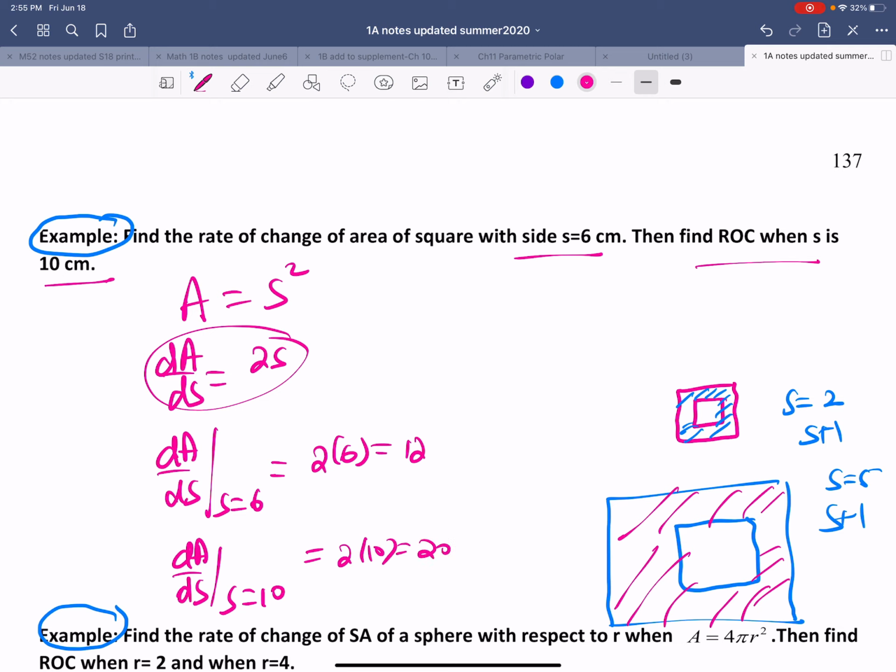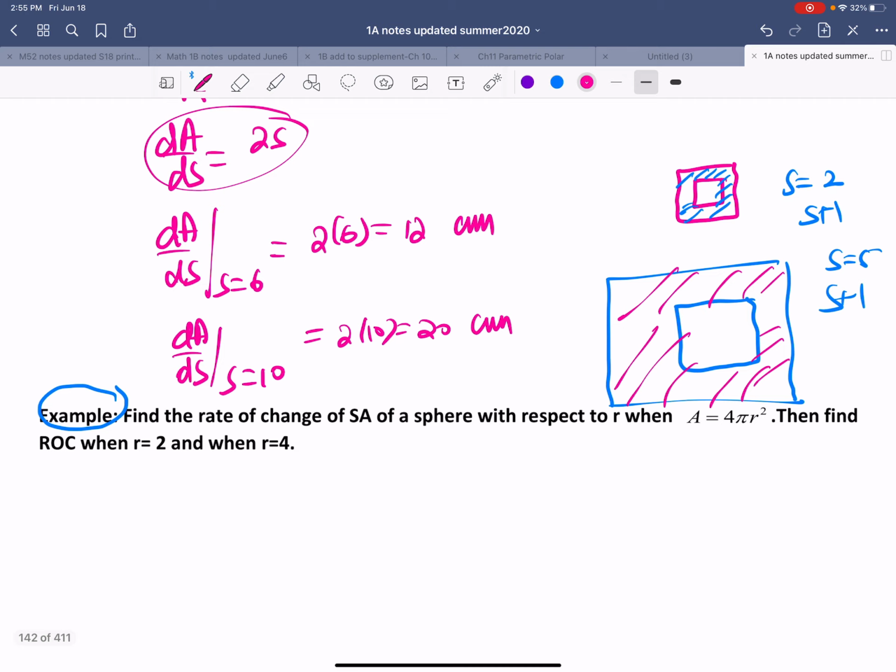The area units are centimeters squared, and the side units are per centimeter, so centimeters squared per centimeter. That would be 12 centimeters, and this will be 20 centimeters. Rate of change with respect to the side.